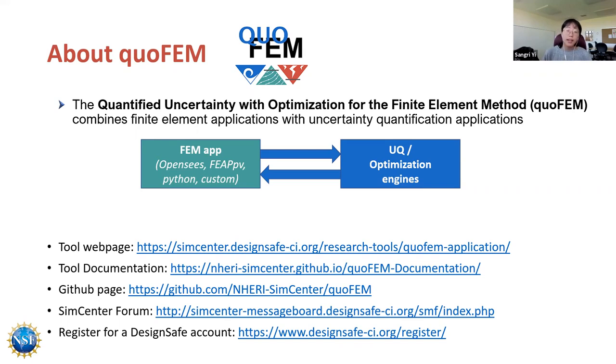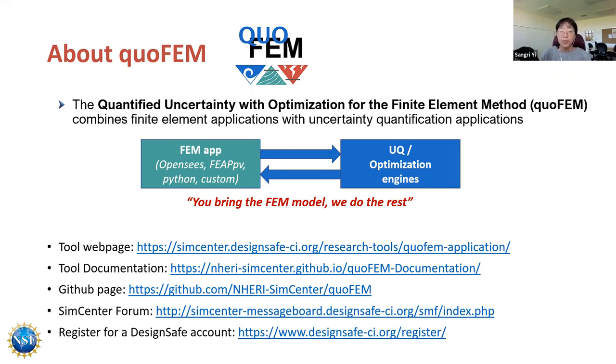So we link a finite element model that you provide and the uncertainty quantification algorithms we support. What we basically aim for is that you bring the FEM model and we will take care of the rest of the UQ and optimization analysis.